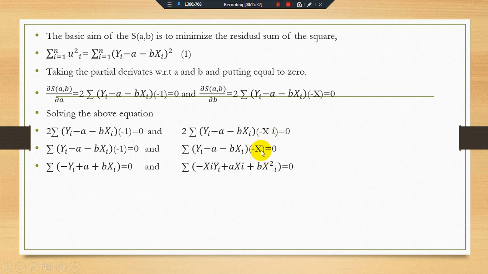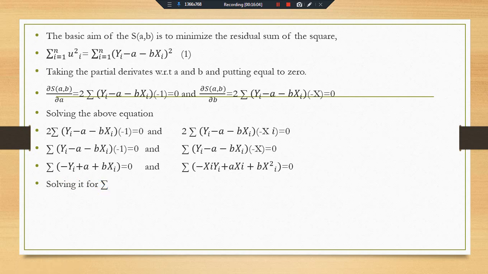So here I missed xi, so you can write it minus xi. When you multiply by xi, yi is in the form of minus, but here we have a minus a, so minus multiplied with minus becomes plus axi and plus bxi squared. So here we solve it for a summation.